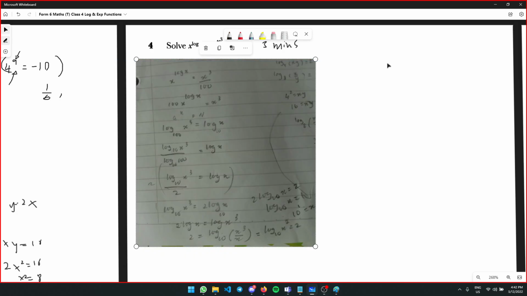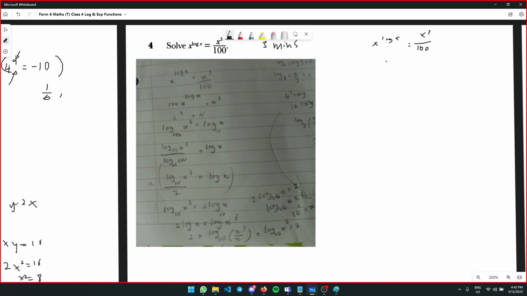Okay, so this is how I would approach this question. x to the power of log x equals x cubed over 100. Typically when they just mention log, that means it's base 10. If they don't refer to any other base, it's really base 10.